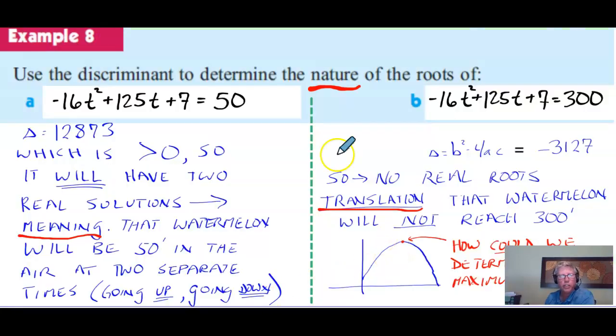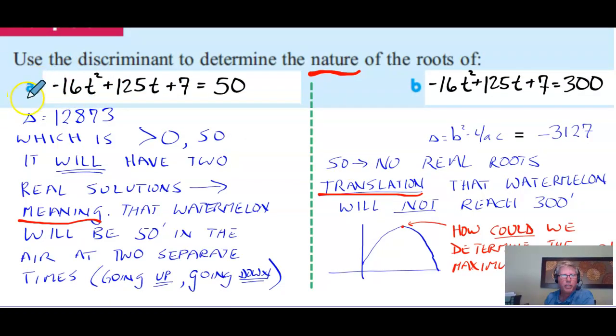I'll remind you, these are the problems. You're like, where's the 32? Well, 1/2 times 32 equals 16. Let me remind you, we got a positive discriminant, which is greater than 0. That means we'll have 2 real solutions. In English, then, we go from math world back to the world of people who don't know math.